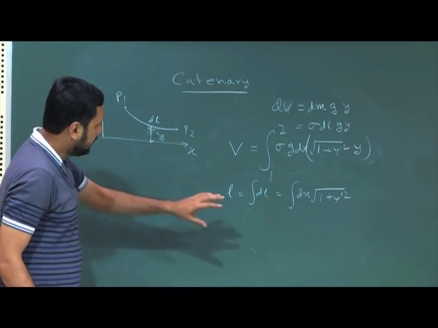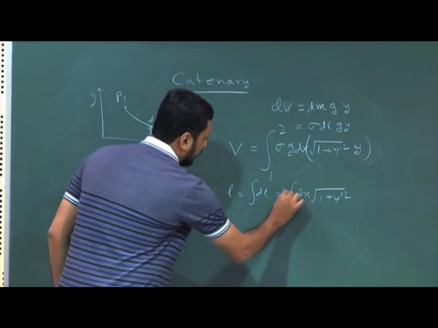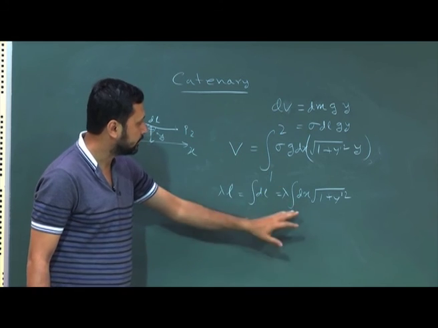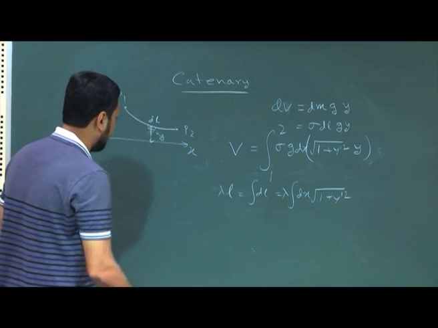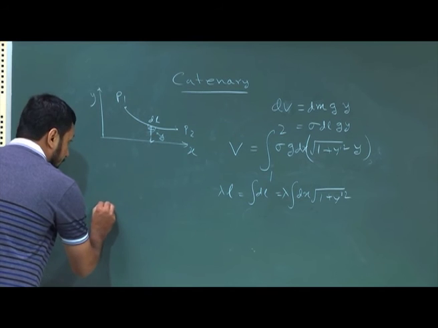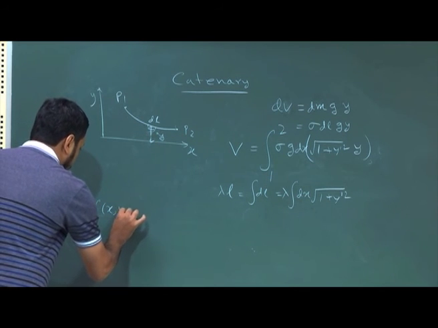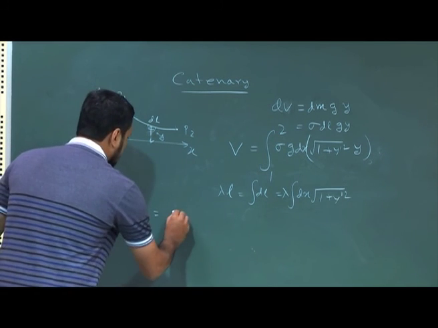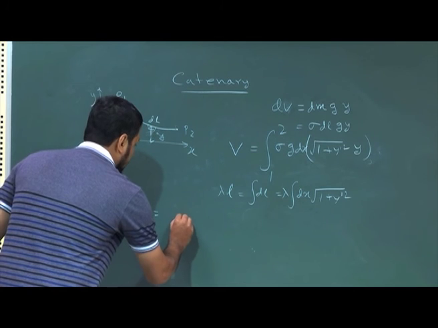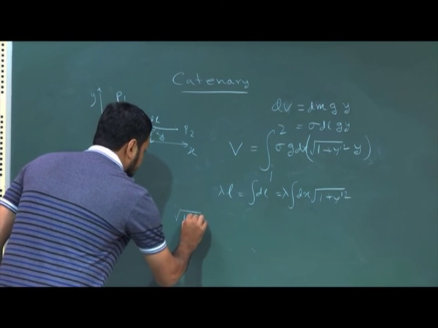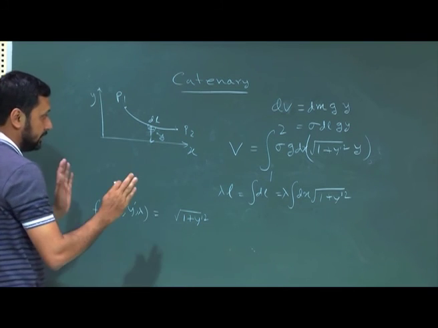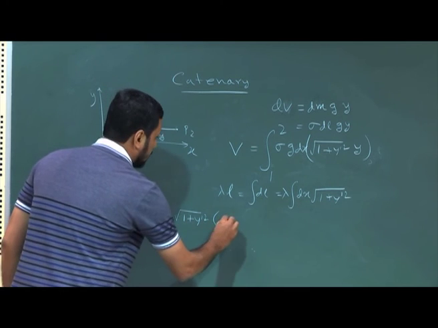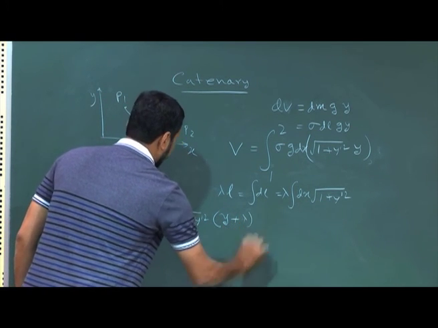Now, if I multiply this with a constant lambda, which is the Lagrange's undetermined multiplier, and construct a function which includes this, our final functional form f of x, y, y prime and lambda will be given by: root over 1 plus y dash square will be the common factor in the two, and we will have y plus lambda.